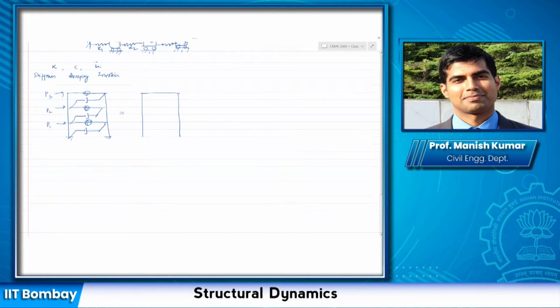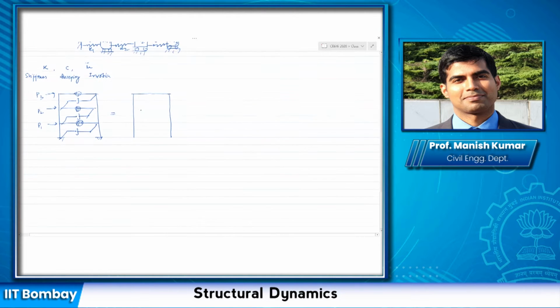The stiffness component would have all the stiffness contributing elements in that particular system. In that case, it would be the frame, right? The frame is the one that contributes to the stiffness. So there is no mass here and there is no damper here. So in the stiffness term, I only have the bare frame, and I say this is the static force that I am applying, opposite to this: Fs3, Fs2, and Fs1.